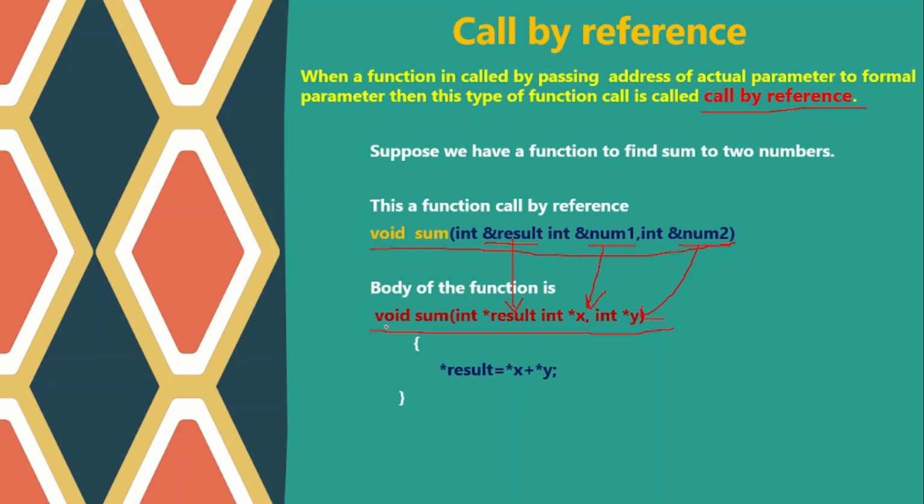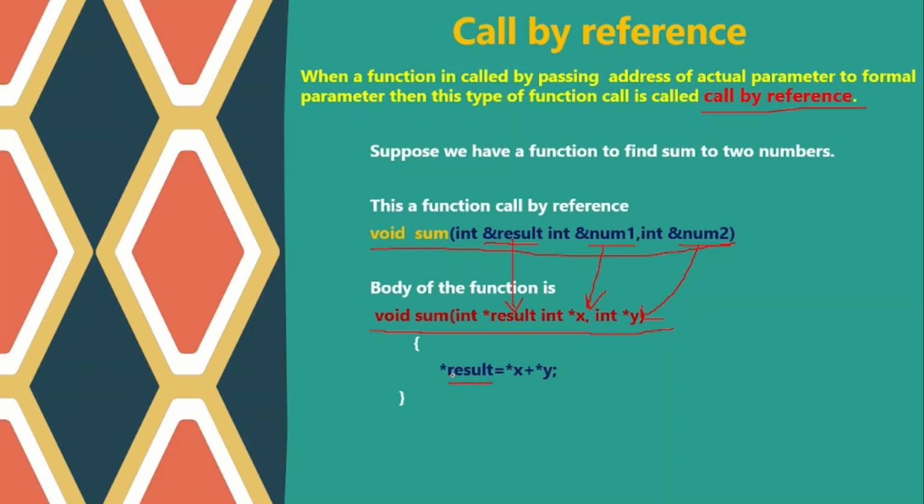So ideally at this point we are having address of result, address of num1, and address of num2. And then with the help of dereferencing operator, we call it value at this address, we are able to fetch value of num1 and num2, and then we are able to place it into result variable.